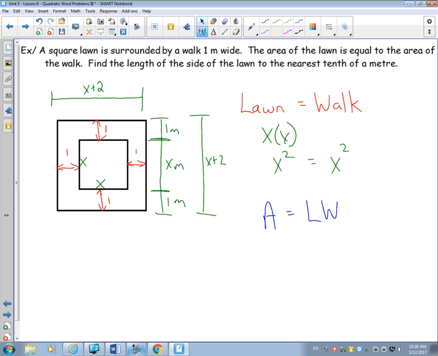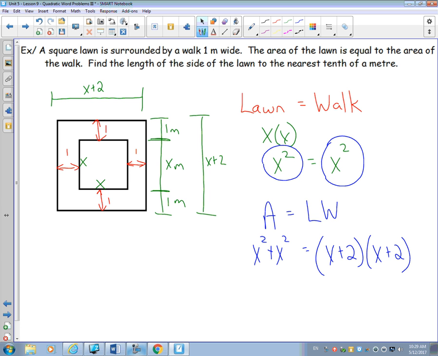I know the inside shape, the lawn, is x squared. I know the walk itself, also x squared. So the area of the whole thing is x squared plus x squared, the lawn and the walk together. And I know that the dimensions of the lawn and the walk together are x plus 2 times x plus 2. So when I look at this question, I have to take two shapes separately and put them together, the area of the whole thing.